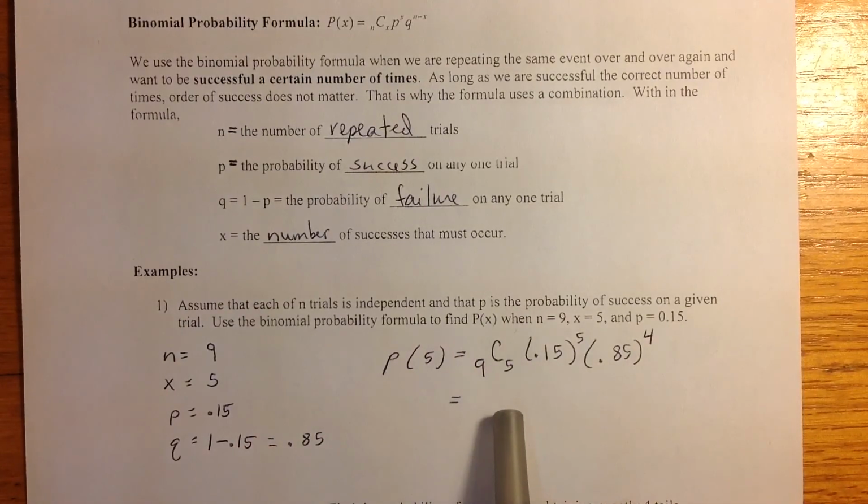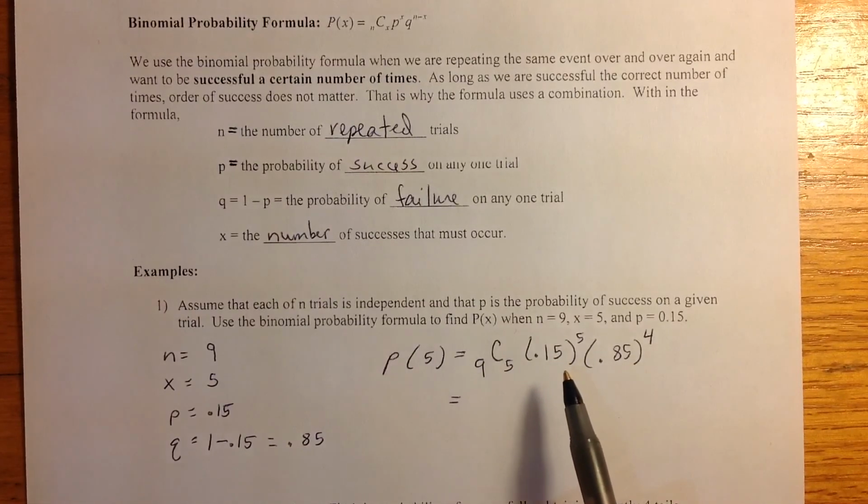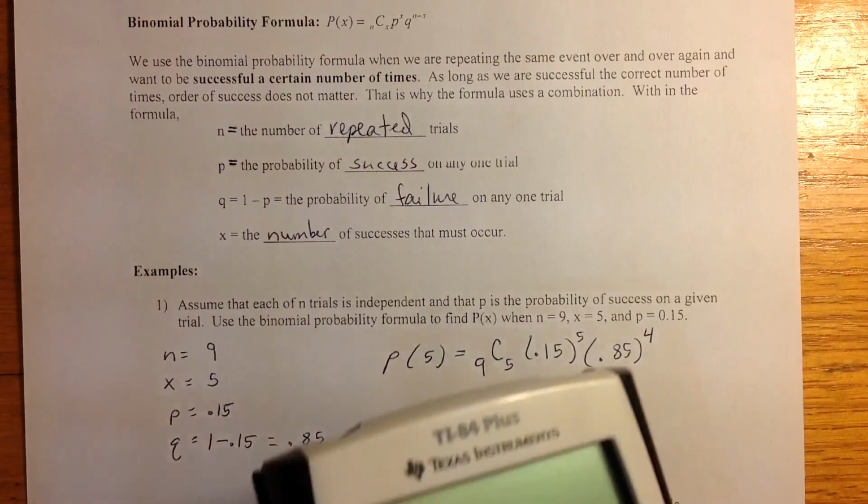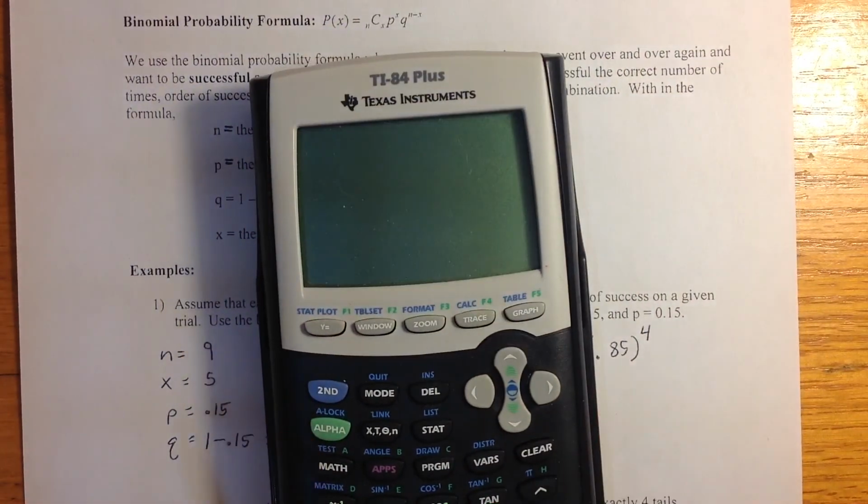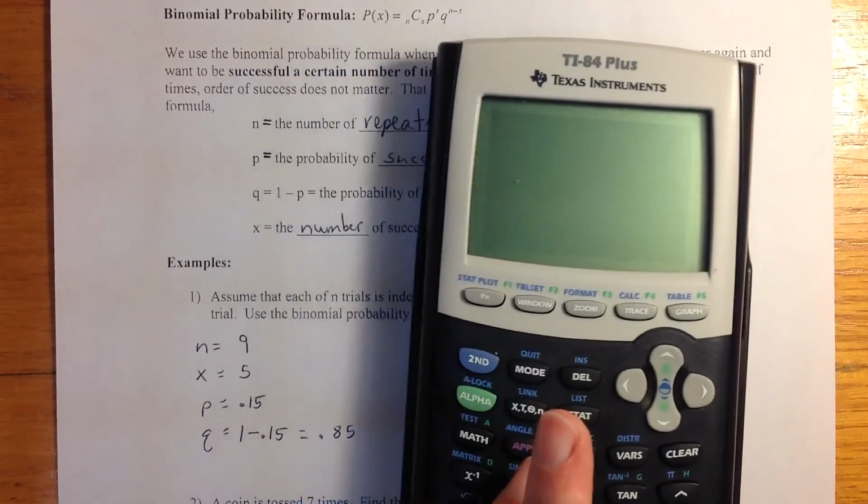Now with your calculator, you'll compute 9C5 and then multiply it with the rest of this. But if you have a TI-84, the calculator will do it all for you, right?